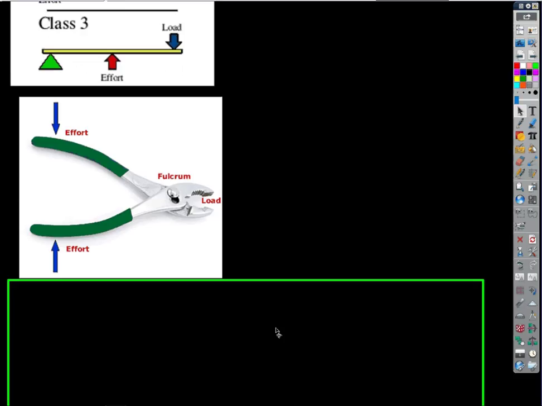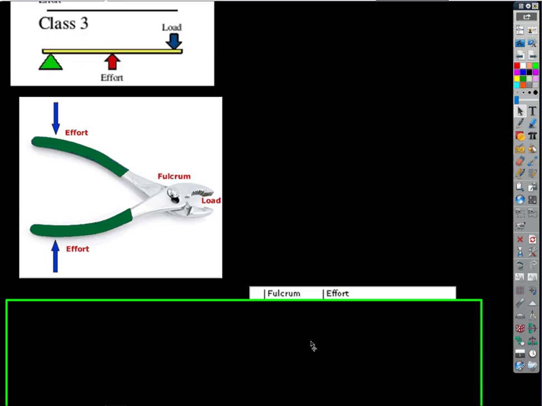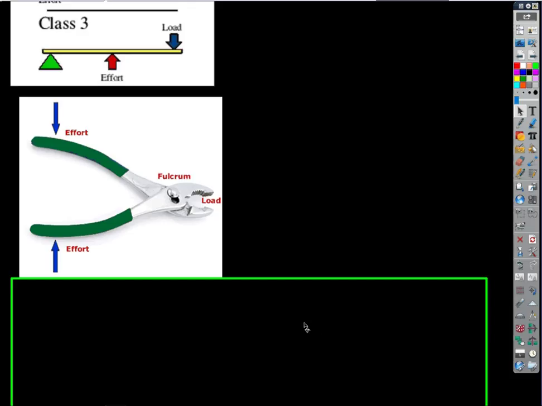Okay. What about chopsticks? Think about chopsticks here. Class 3. Class 3. Hold up the number of fingers to tell me 1, 2, or 3. Okay.